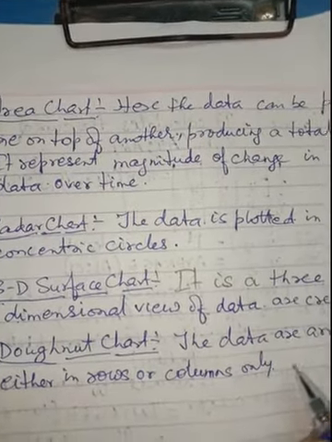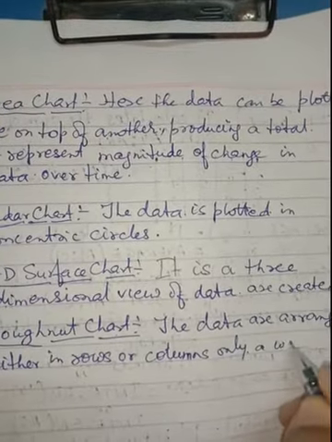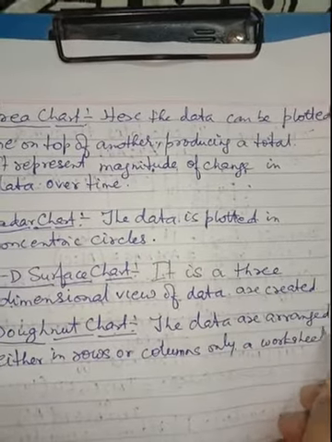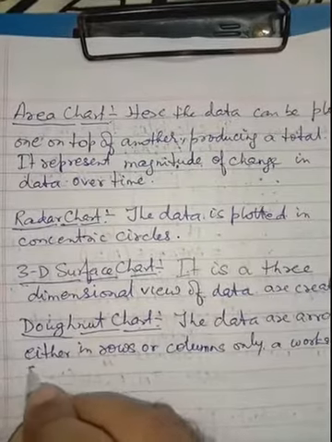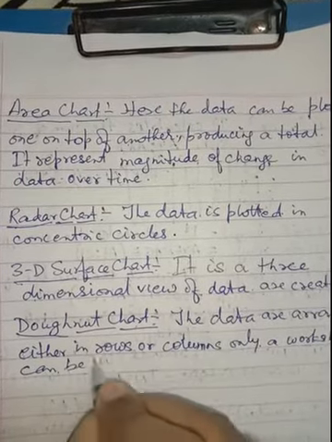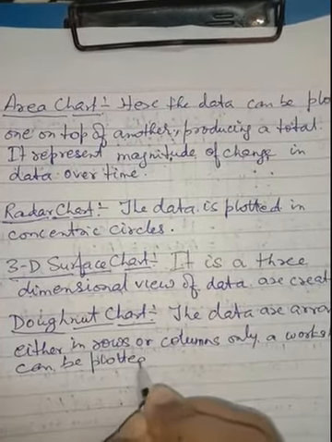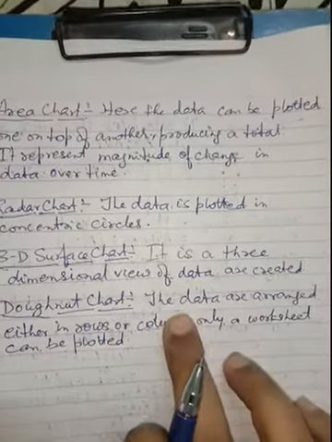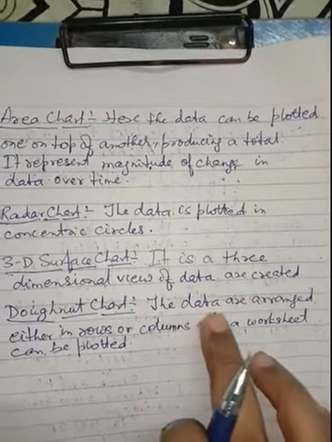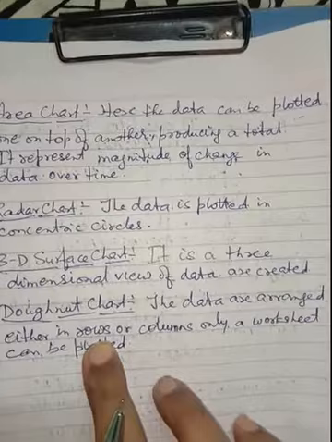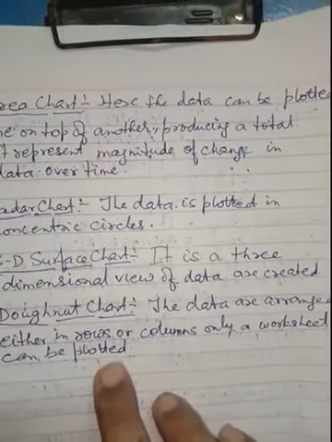Only a worksheet can be plotted. So what is the Doughnut chart? Here the data are arranged either in rows or columns, and only a worksheet can be plotted over here.